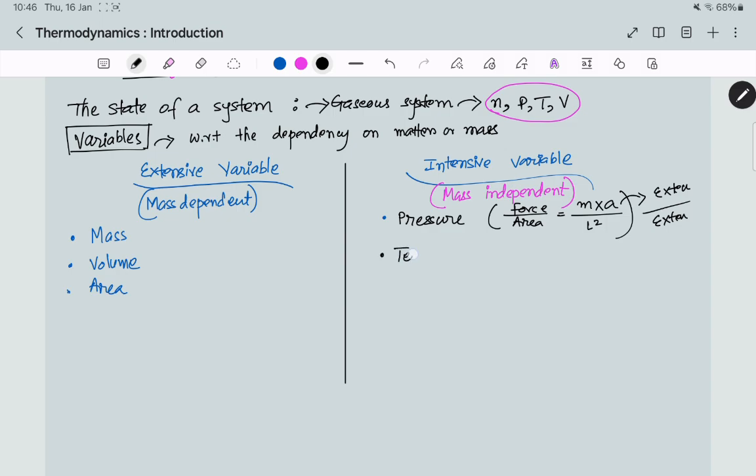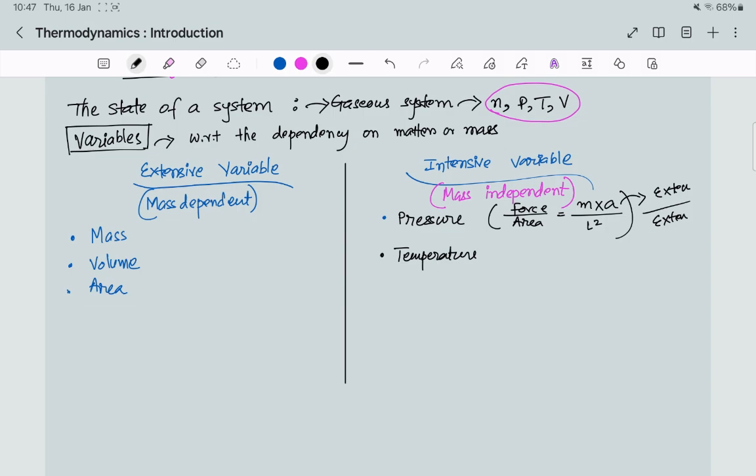Now temperature. For example, when we are doing any chemical reaction, most of the time we check the pressure, temperature. When we are considering the temperature, that means the temperature of this room. So we will not take the thermometer and check each and every corner of this room, right?